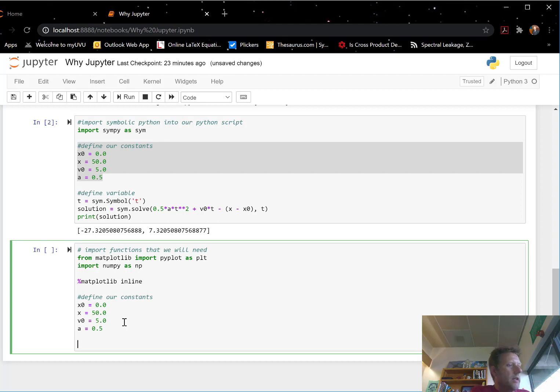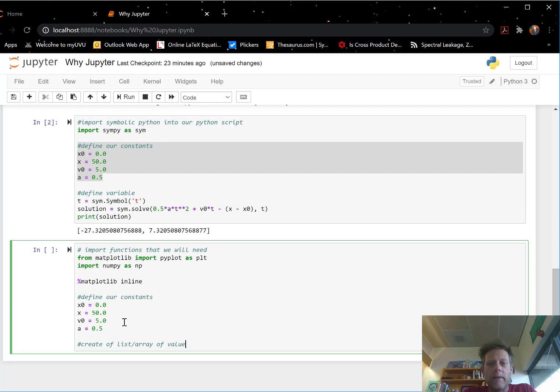Okay, then what we're going to do now is I'm going to create a list or array of values, because I want to plot this here. So I'm going to say, well, imagine we took data points at t equals 0, t equals 1, t equals 2, t equals 3, and so forth. Those are kind of data points.